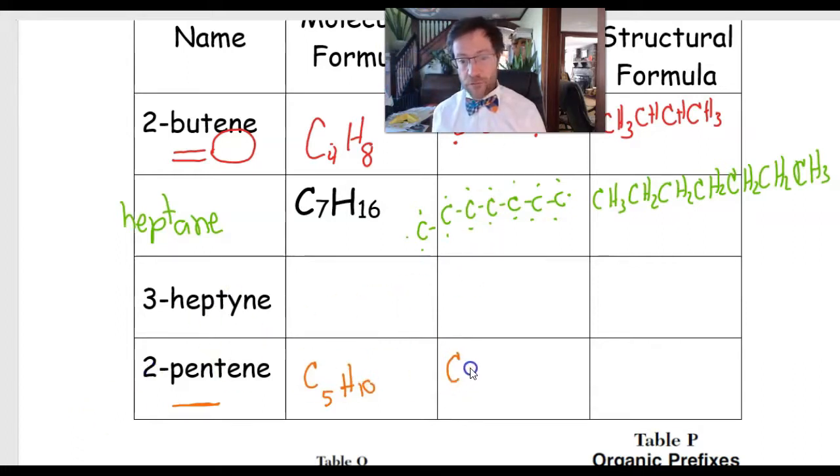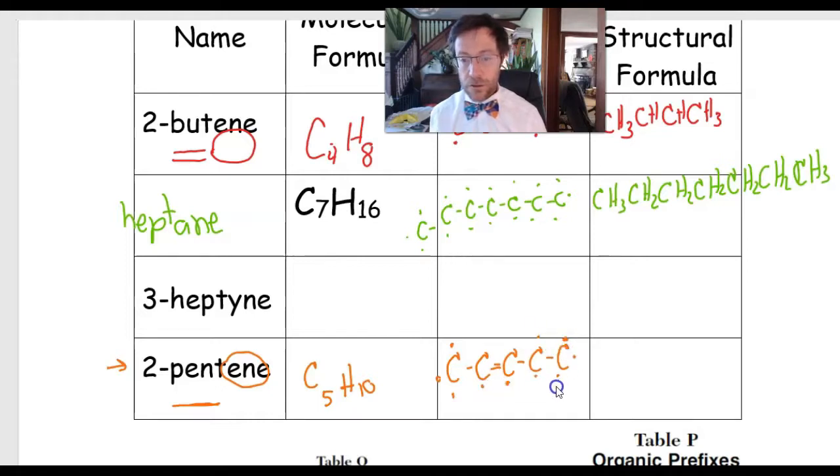I've got 5. 1, 2, 3, 4, 5. I know that I've got a double bond. And where is it? Bond position 2. So I'll put my double bond right there. Throw in the hydrogens so everybody has 4. 1, 2, 3, 4. This guy's 3. There's 4. 3. There's 4.